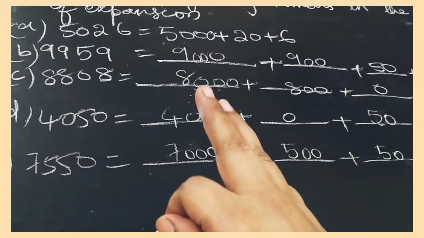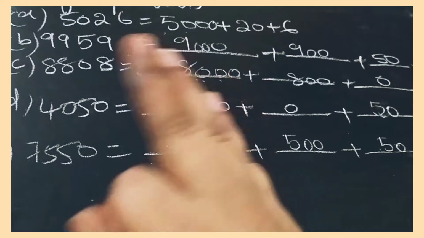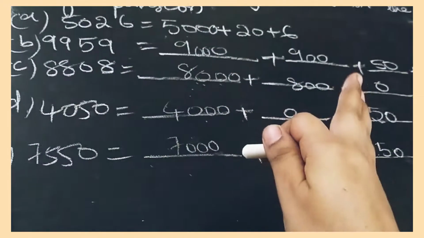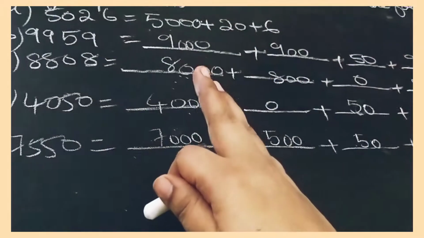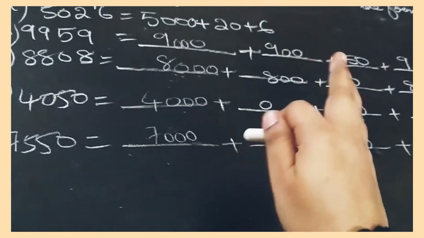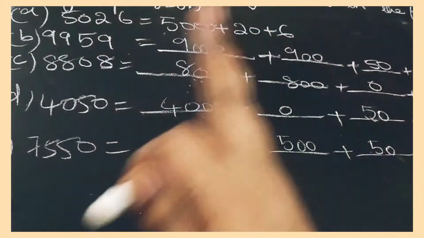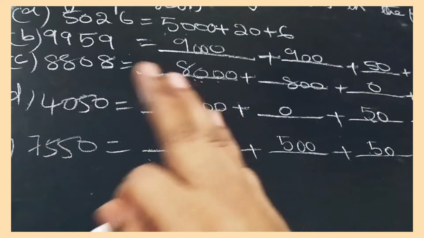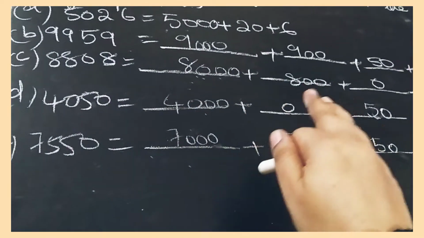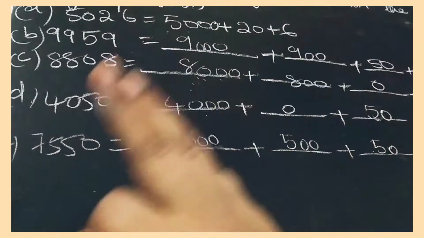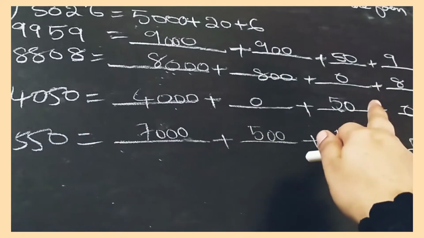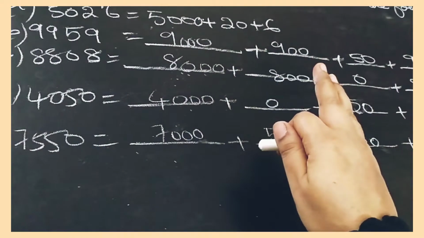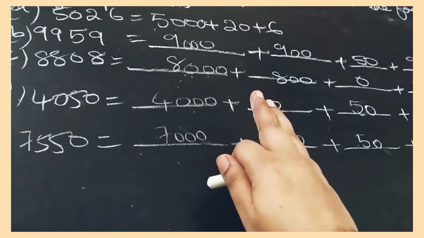So if we add this, 9,000 is there here, and 900 is there here. Okay, so 50 is there here plus 9. So 9,900 plus 50 plus 9 is 9,959. Okay, so here 8,000 is there, 800 is there, 800 plus 0 is 800 only, then 8 is there. Okay, in ones 8 is there, in tens nothing is there, but in hundreds 800 is there.